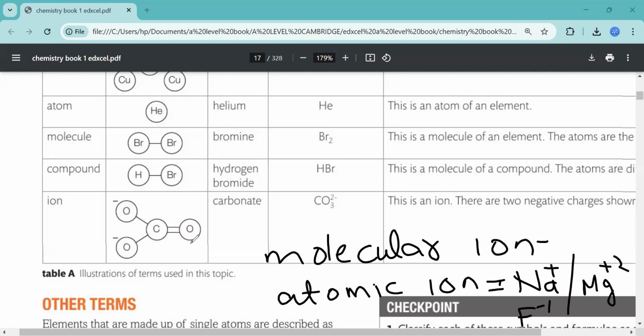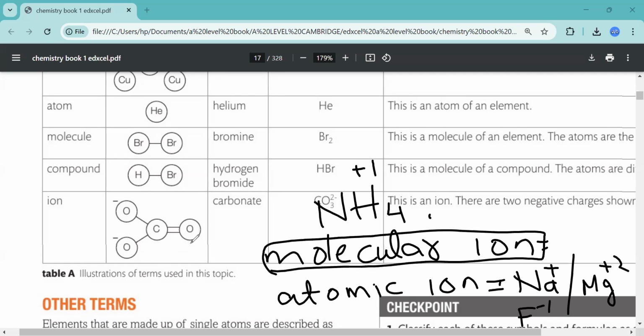Molecular ion means a molecule with a charge. For example, NH4+. This is a molecule, but it has a charge. So what are we going to call it? A molecular ion. Got it? And like CO3, it's a carbonate that contains two different atoms with a charge of -2. So these are molecular ions.